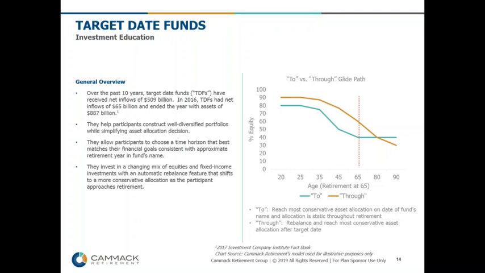So when we meet with you and talk about target date funds, that's one of the things your committee will have to decide. Do we want funds that go to retirement, meaning you think people will probably take the money out of the plan and move it somewhere else, or maybe you want through retirement, where you think people will actually hold on to the money and keep it until retirement?